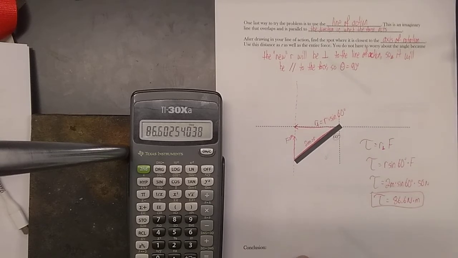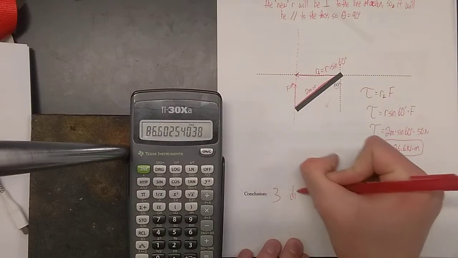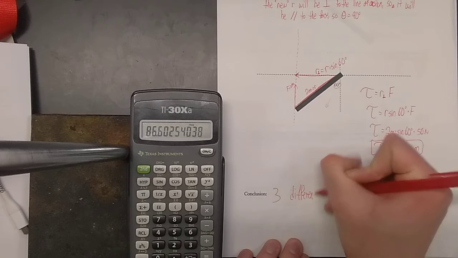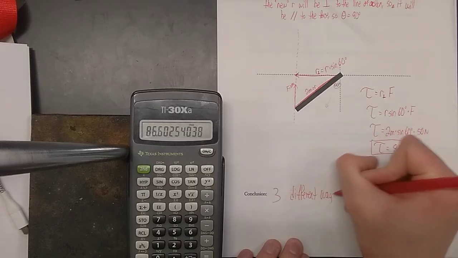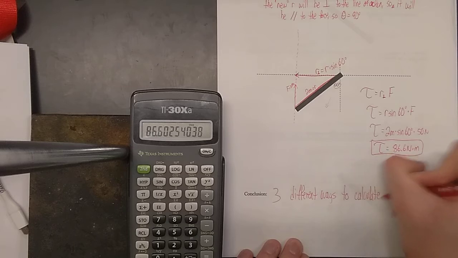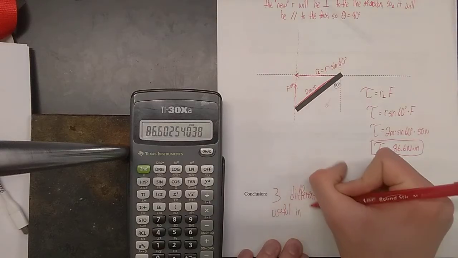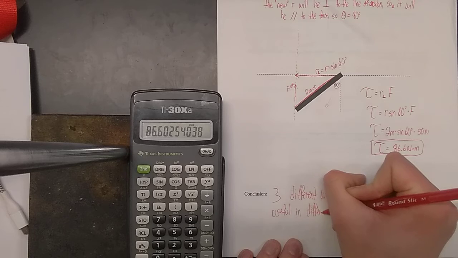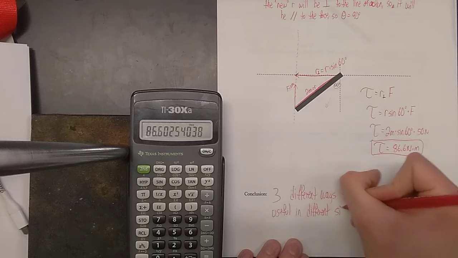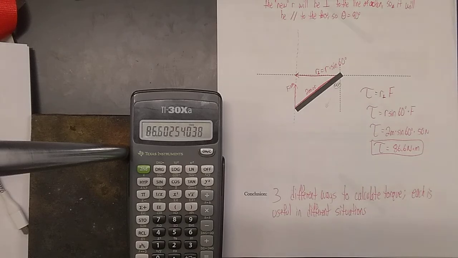Now, you might be saying, why did you bother showing us all this different stuff? What I wanted to show you was that these are 3 different ways to calculate torque. Each of these is useful in different situations.